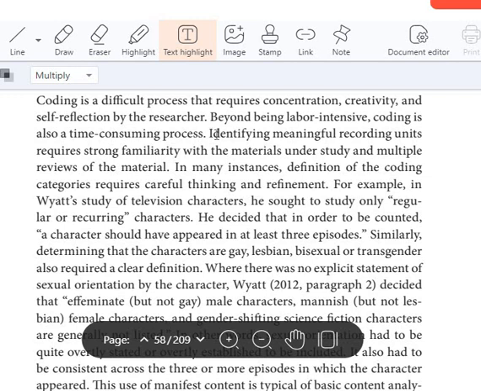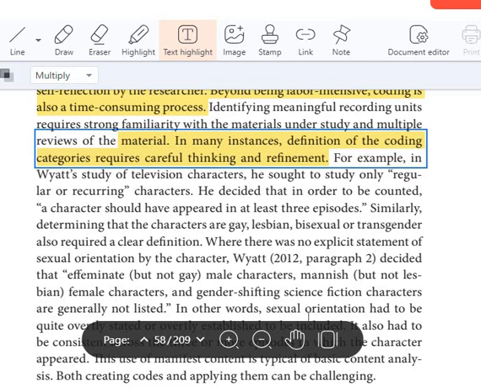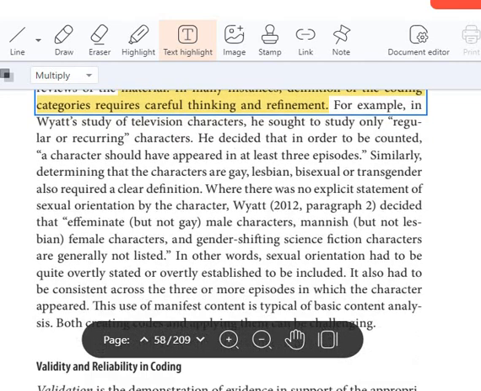You have to concentrate, especially in identifying the meaningful recording units, which requires strong familiarity with the materials under study and multiple reviews of the material. Also, coding is important as it requires careful thinking, experience, and refinement. It gives some examples on that.